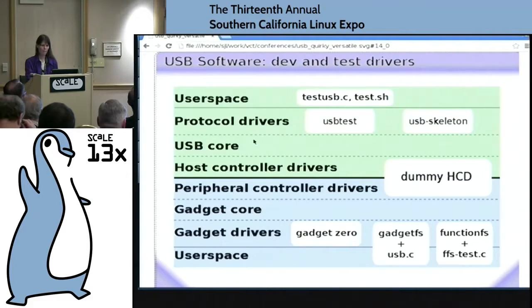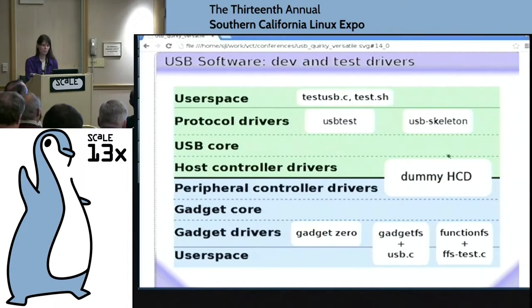So here we have again this top part is the host side of the system, and the blue part is the target side. We have one really interesting driver called dummy HCD that actually crosses both sides. In other words, it emulates the host controller hardware and the host controller driver, and the peripheral controller driver and the target controller hardware.